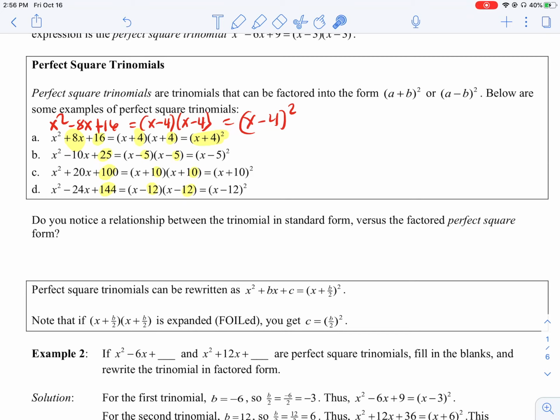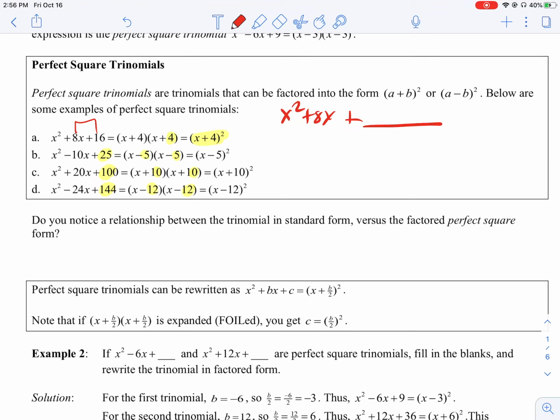Okay? Now, the question is, what is the relationship between the b value and the c value? Or in other words, if I know the b value, can I predict my c value? So if I have x squared plus 8x, and then my c value is missing, how do we make a perfect square trinomial?